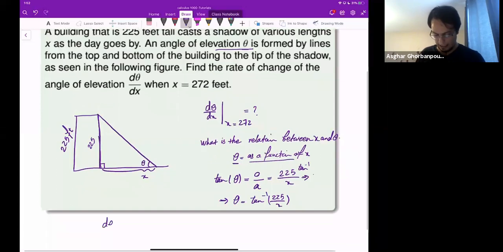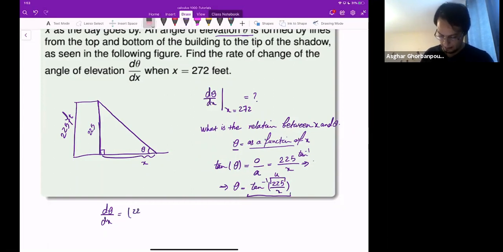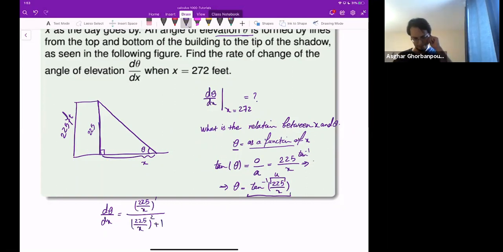Now, d theta dx is going to be, I am differentiating this function, tan inverse of something. This is not just x. This is a function of x. The derivative of tan inverse of u is u prime over u squared plus 1, where u is 225 over x.